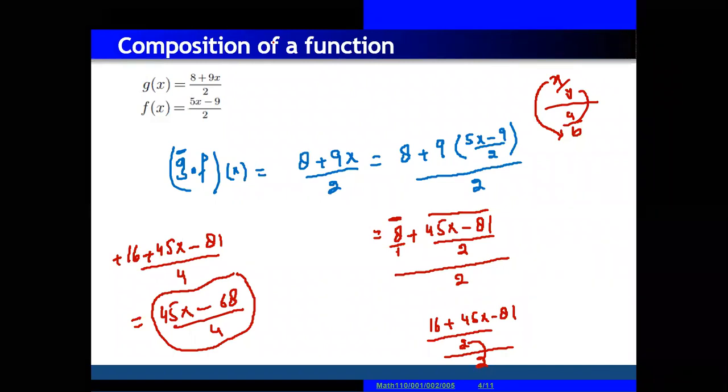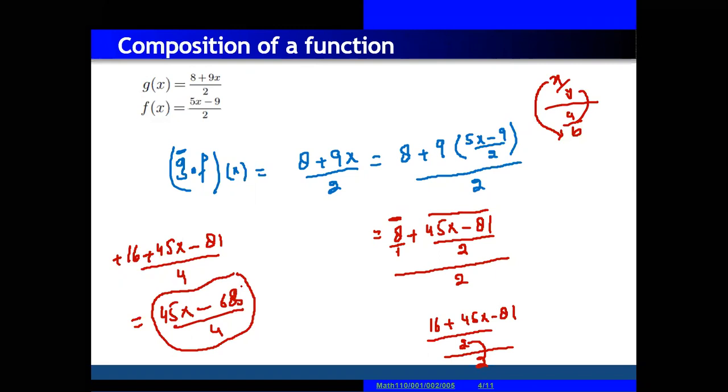Okay, give me 1 minute. Okay, sorry. It is 65, not 68. So 45x minus 65 divided by 4.